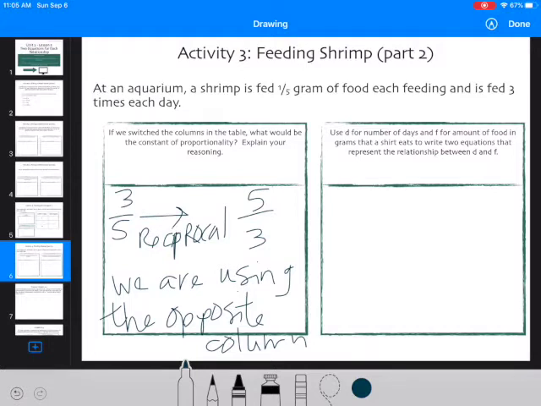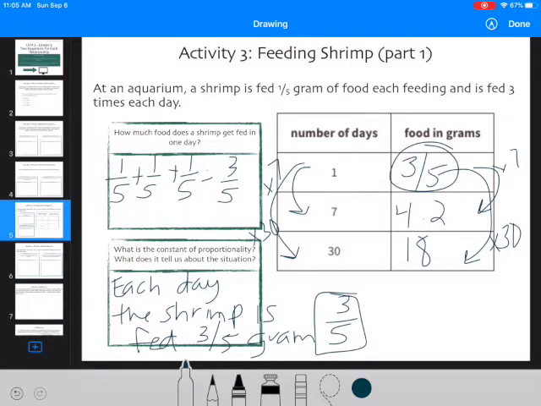So use D for the number of days and F for the amount of food in grams, and write each equation for how much the shrimp eats. Write 2 equations that represent D and F. Okay, so if I go back to my table from before, it would be 3/5 times D, right?